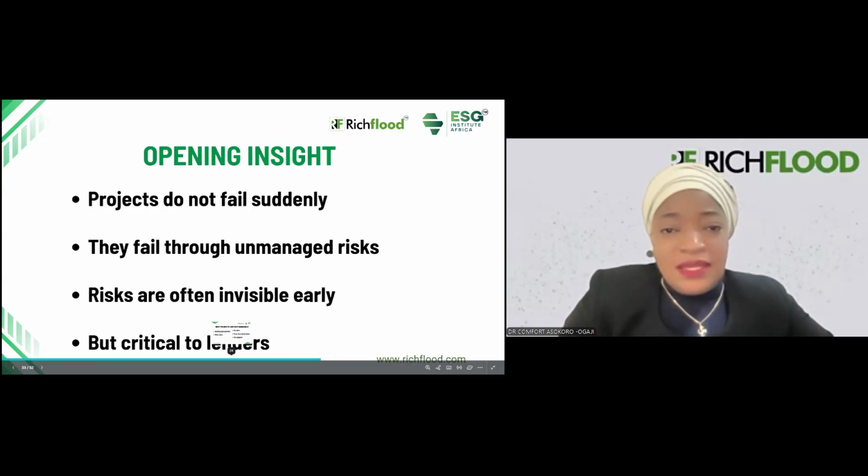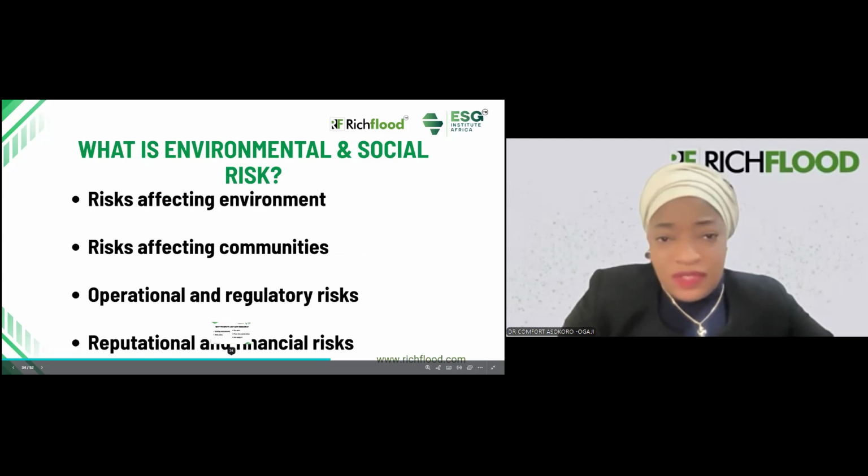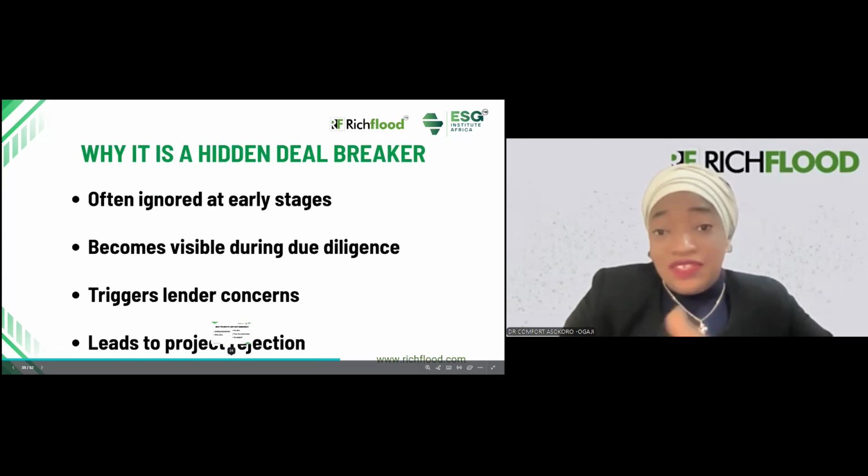Next slide is why E&S risks is a hidden deal breaker or a deal maker. So E&S risks are often not visible at the early stages of the project. That is why we conduct ESIAs, that's environmental and social impact assessment. However, during due diligences, during the ESIA, during other ESDD, which we call environmental and social due diligences, or during the assessment by the banks who are funding the project, these risks become very clear.